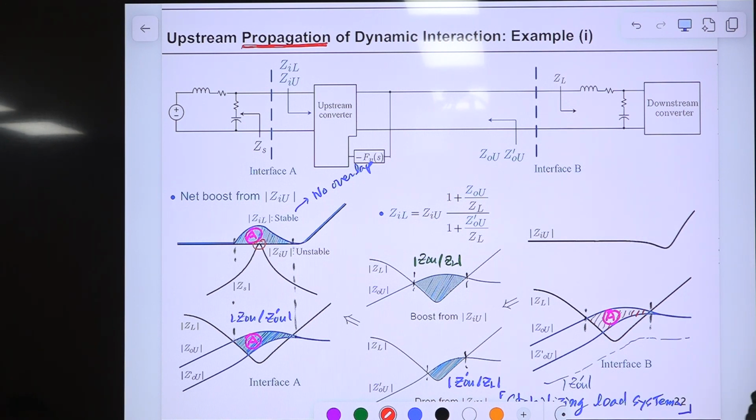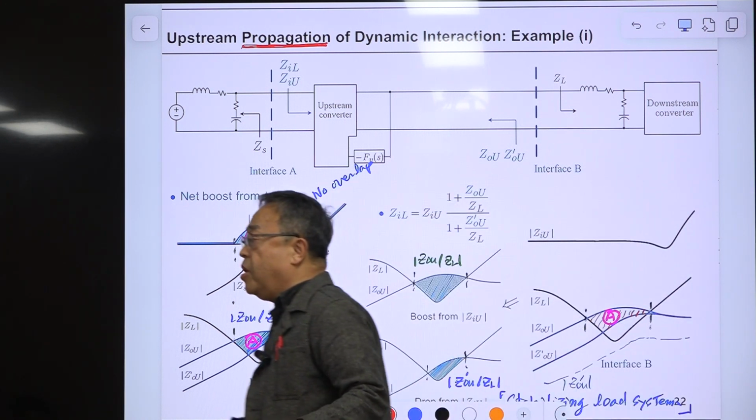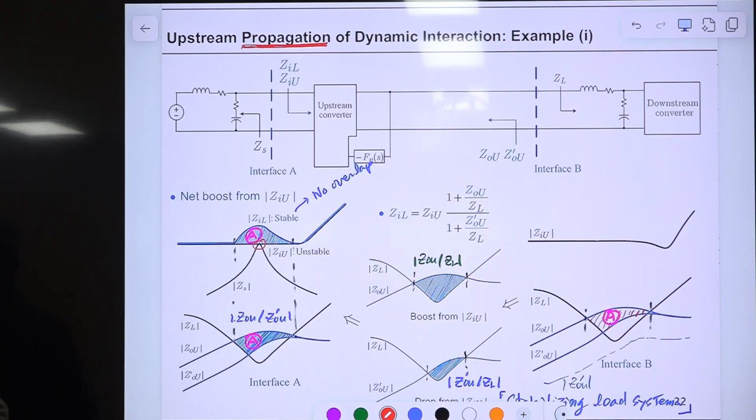Previously, people thought the overlap should be avoided. They tried to avoid the overlap as much as possible. That was the bad approach. That makes the system unstable in many cases. So having overlap will stabilize the system.